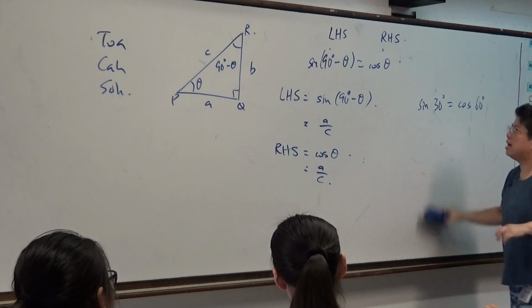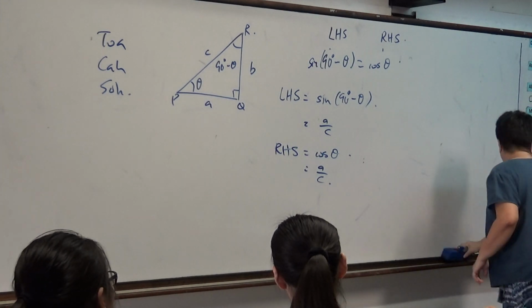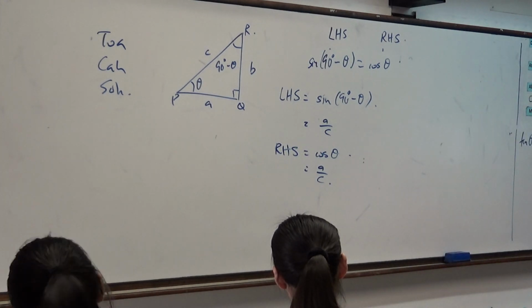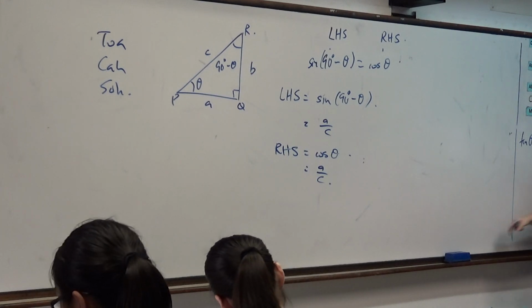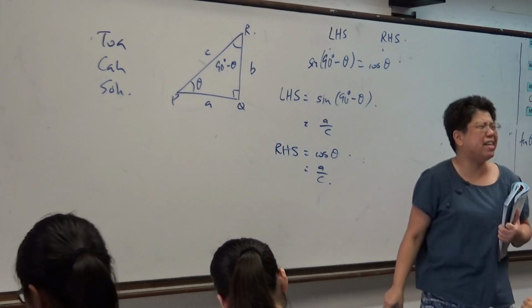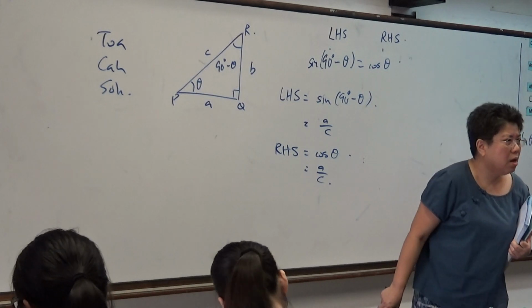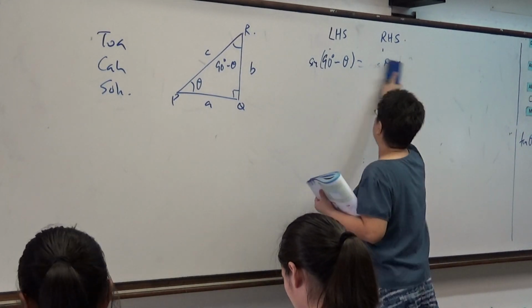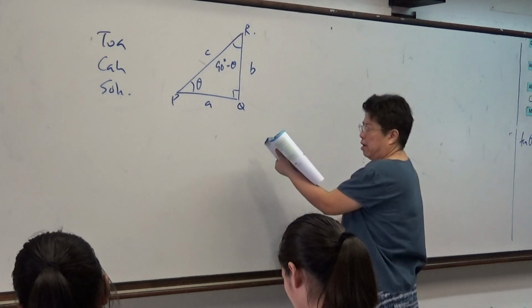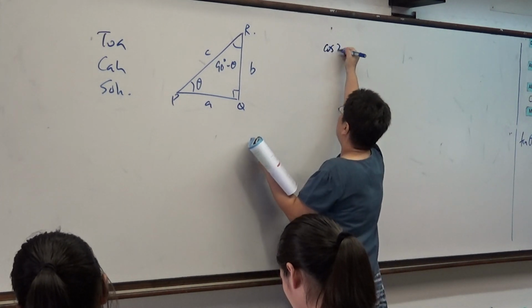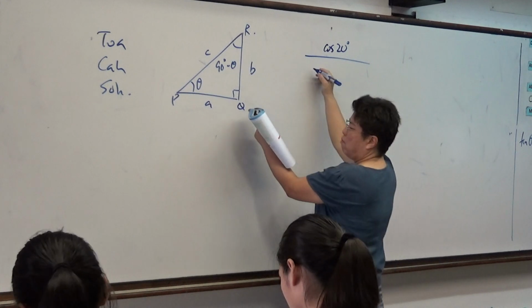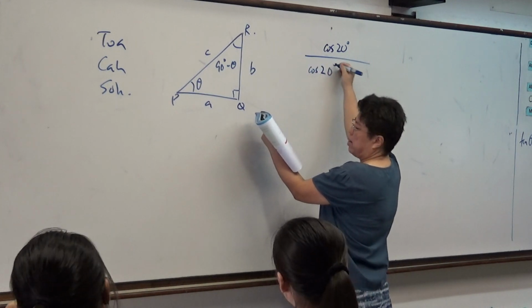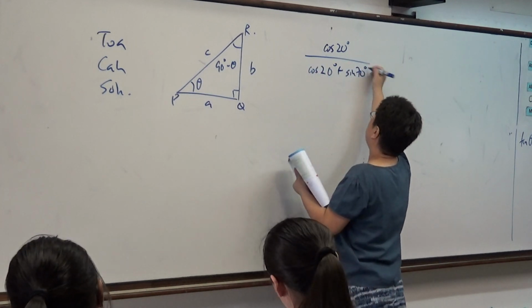Okay? Now, last part, part 3. Part 3 is what? Hence. Hence means what? What's the meaning of hence? Must use the previous part. So, previous part already told you. Cosine 20 over cosine 20 plus sine 70.